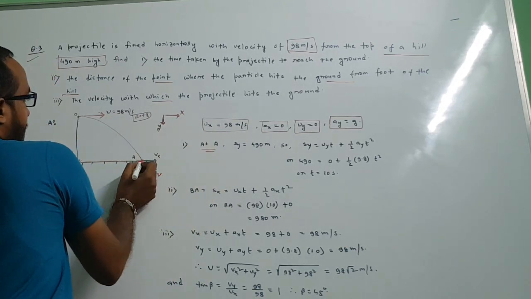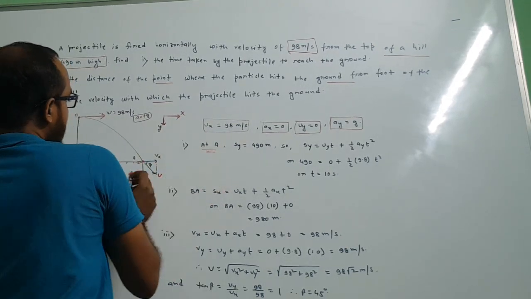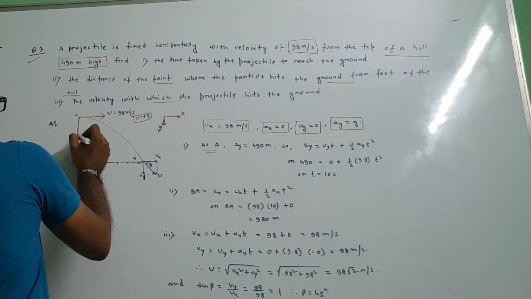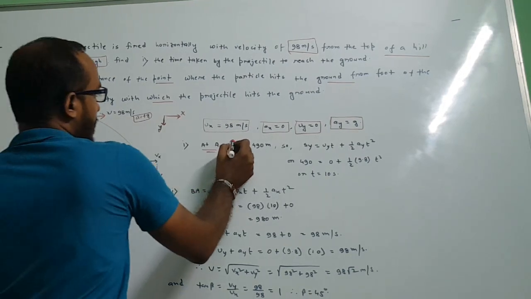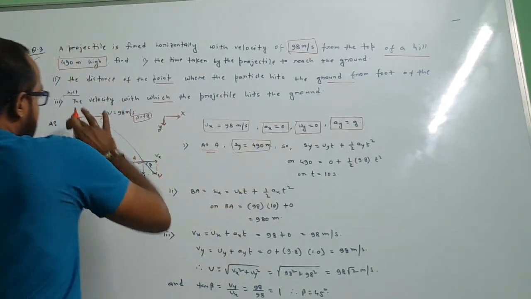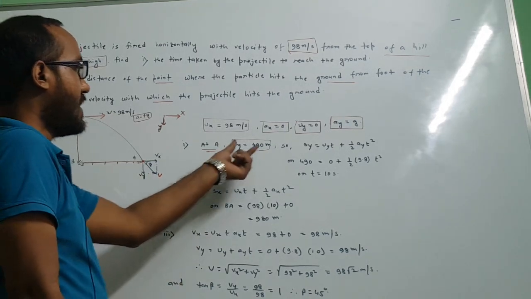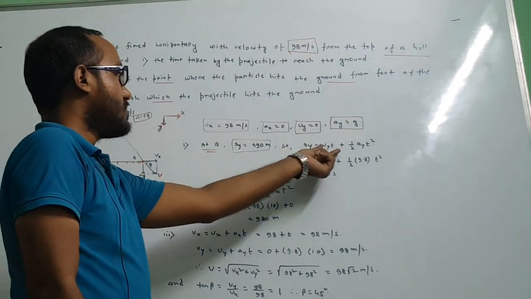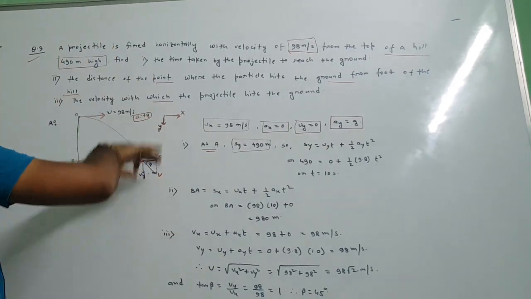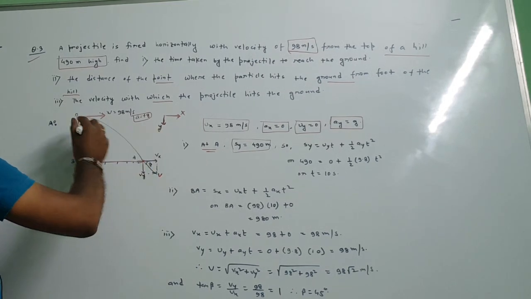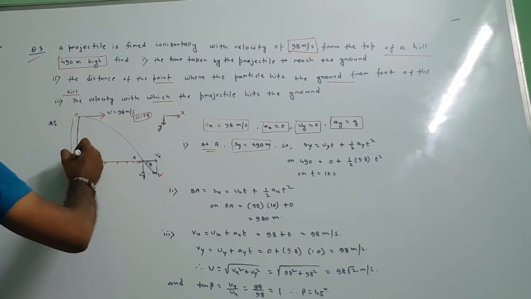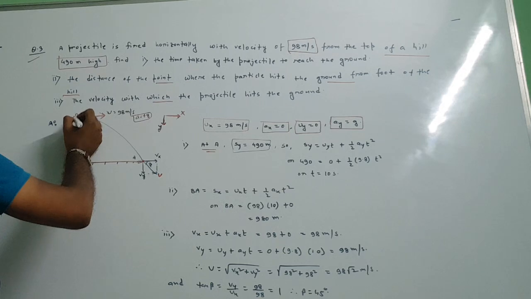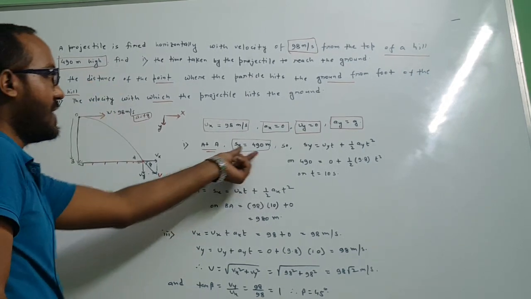So at point A, we can see that this total height sy is our 490 meter. As we have taken the downward direction as positive y-axis, sy would be plus 490 meter.